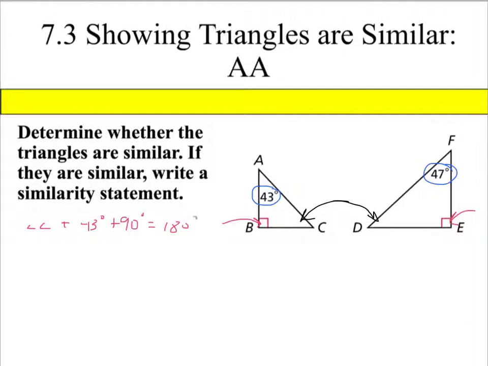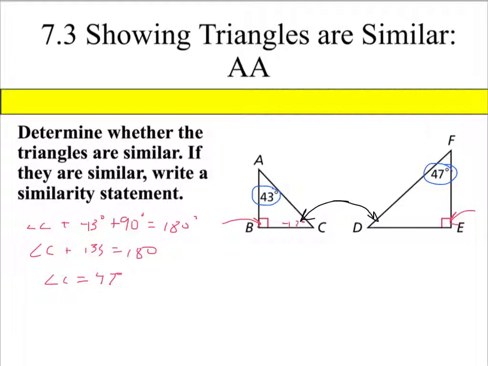And we know that because of our triangle sum theorem. When we add up all of these, we get angle C plus 133 is equal to 180. And angle C in the end is going to be equal to 47 degrees. So we know that angle C is 47 degrees.